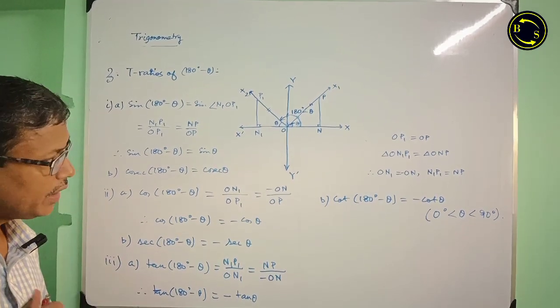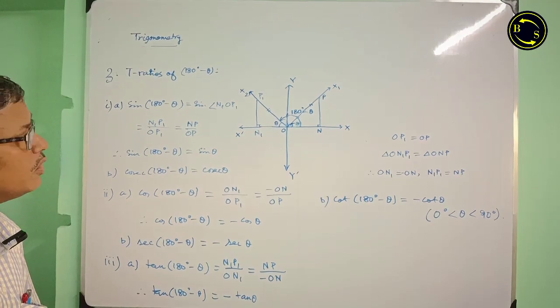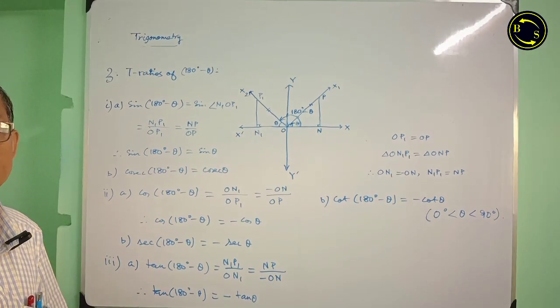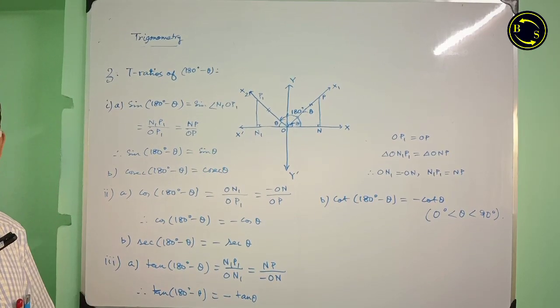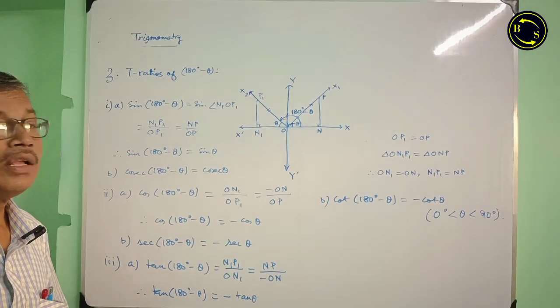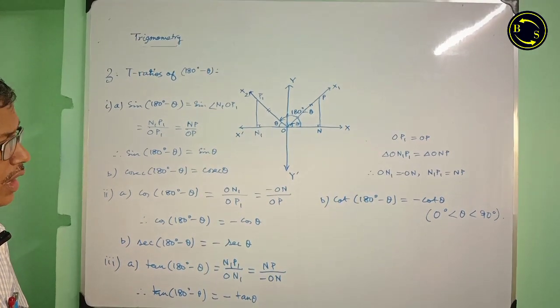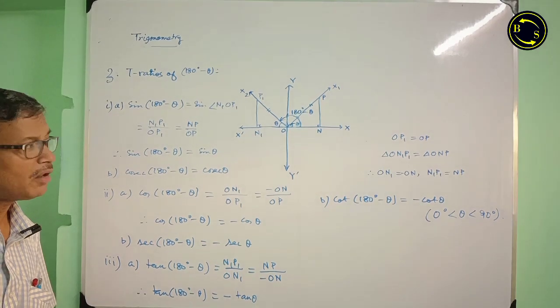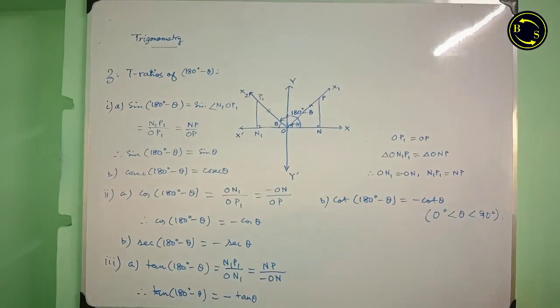Proceeding in this way, we can find also trigonometrical ratios of 180 degree plus theta, then 360 degree minus theta, 360 degree plus theta, etc. And now let us sum up the things we have already found.